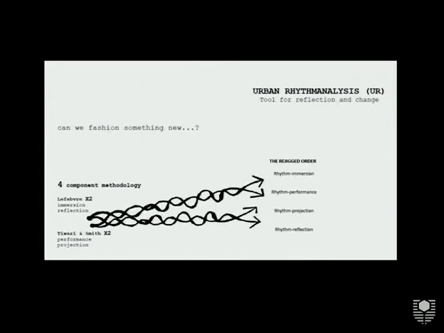So, as you can see up here, the methodology called urban rhythm analysis has 4 components. Henri Lefebvre asks you to immerse yourself into that space, and then asks you to reflect upon that.